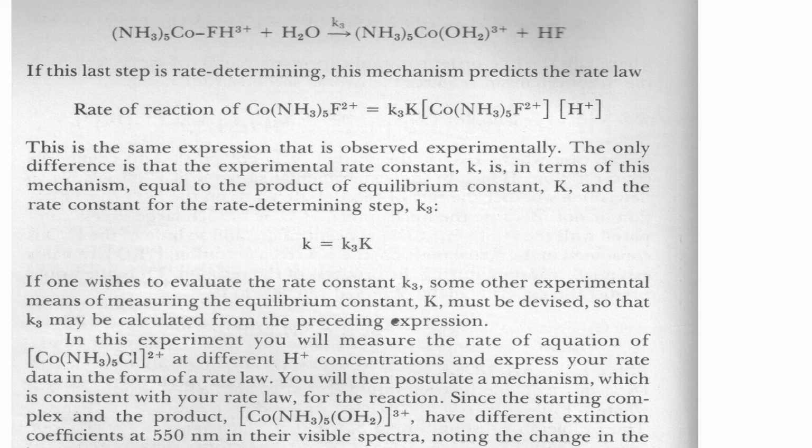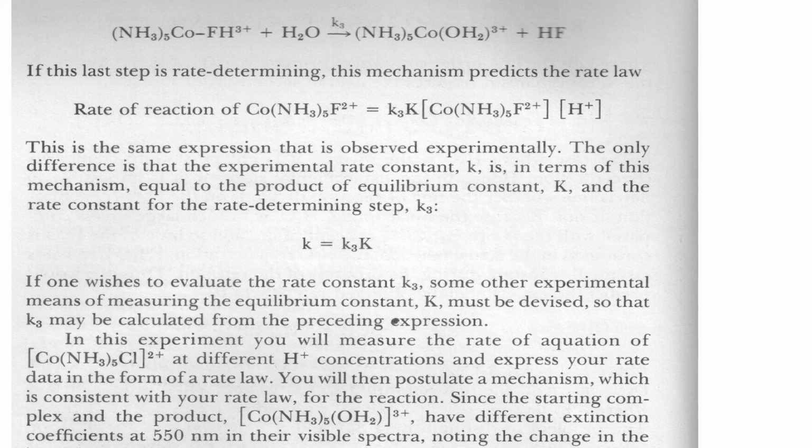The rate equals K, the slow step, times the equilibrium constant of the first step, times the concentration of the complex times H plus. This reaction depends on the concentration of the H plus, and K observed equals K of the second step times the equilibrium constant.